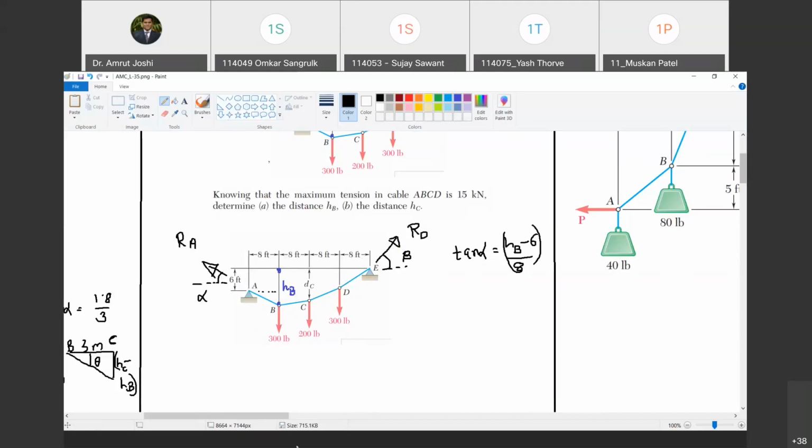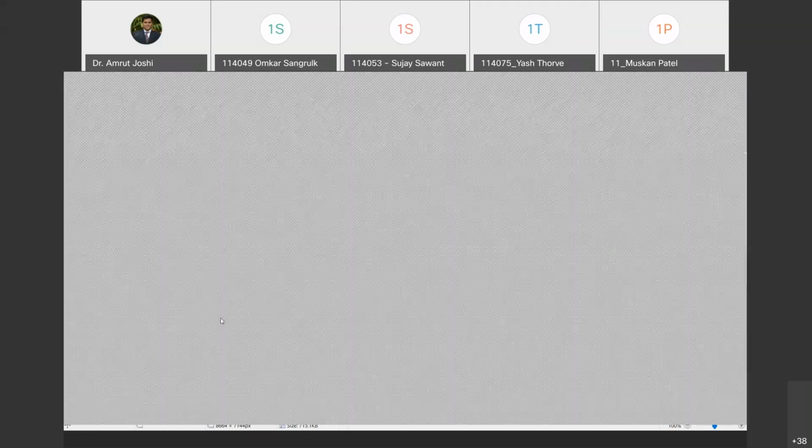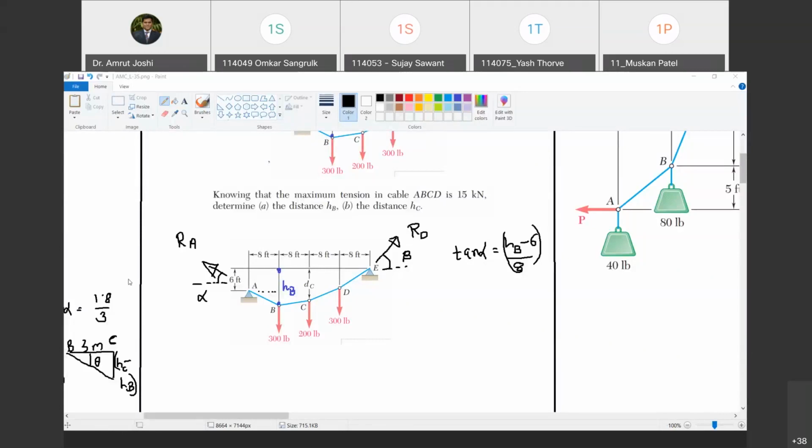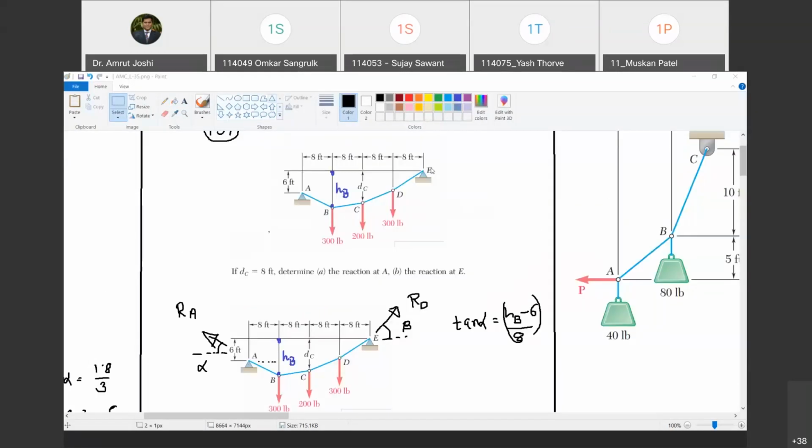Okay, just give me a minute. Let me cross verify this problem statement. There is a correction in the problem statement. I copied it from the previous problem, so that's why there was a problem.